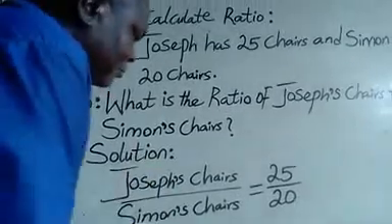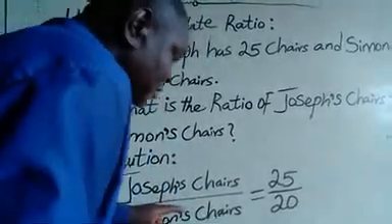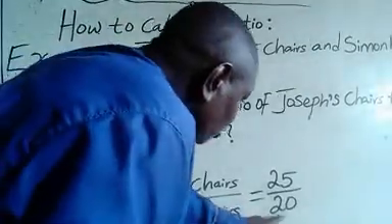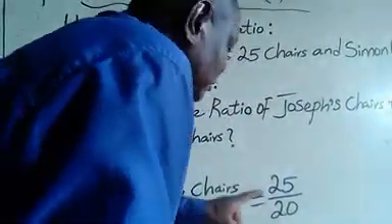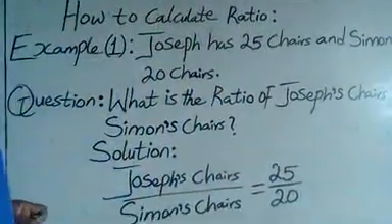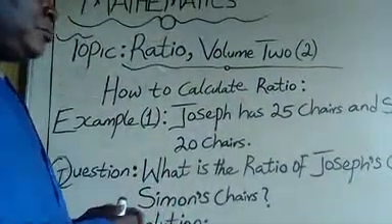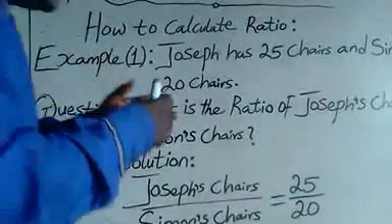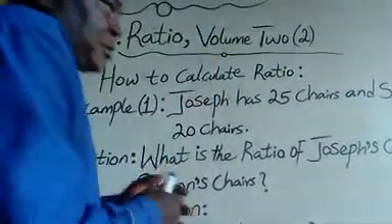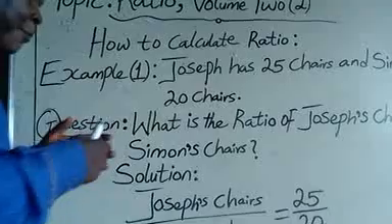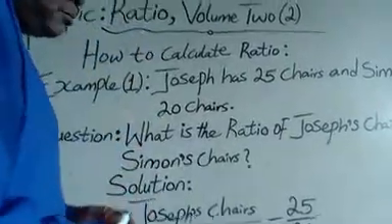Simon's shares: Simon has 20 shares. All right. Now, I am looking for the ratio of Joseph's shares to Simon's shares.